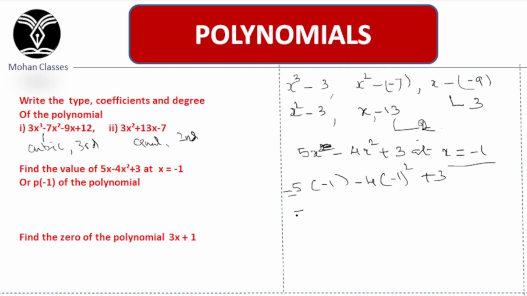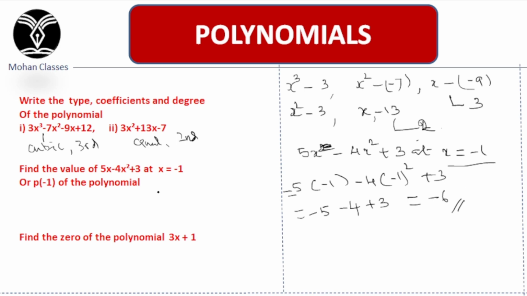Okay. So 5 into minus 1 is minus 5. Minus 4 into minus 1 whole squared: minus 1 whole squared you will get plus 1. So minus 4 into plus 1 you will get minus 4. The constant will come as it is. So what you will get? Minus 5 minus 4, minus 9. Minus 9 plus 3 you will get minus 6. So minus 6 is the value of 5x minus 4x squared plus 3 at x is equal to minus 1.